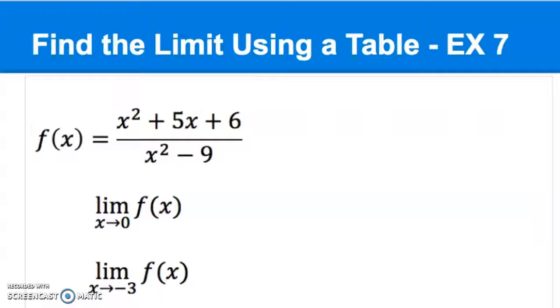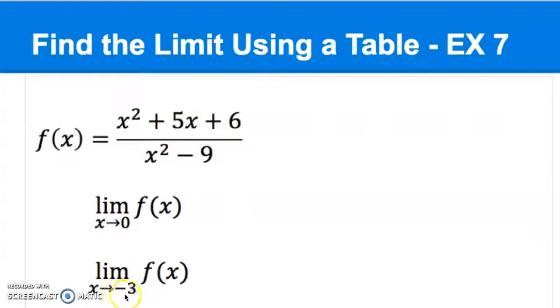So if you plug in 0, you'll get 0 plus 0 plus 6. So we get 6 on top, over 0 minus 9. So you get -9 on the bottom. So your answer will be -6/9, which reduces down to -2/3. So the limit is -2/3.